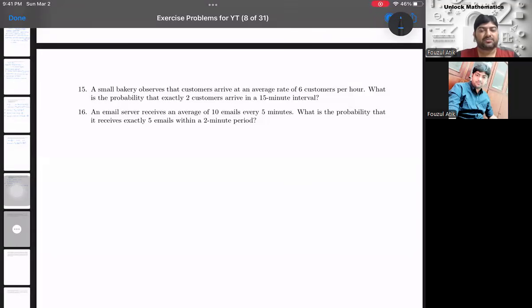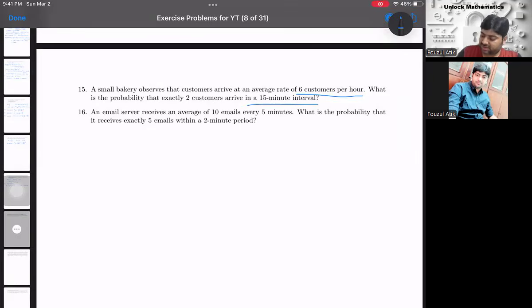In case of a Poisson distribution, we need to know the average value or the expectation, which is the parameter lambda. Here it is given that the average value is 6 customers per hour, whereas the question asks about a 15 minutes time interval. So we have to get the average in a 15 minutes interval.